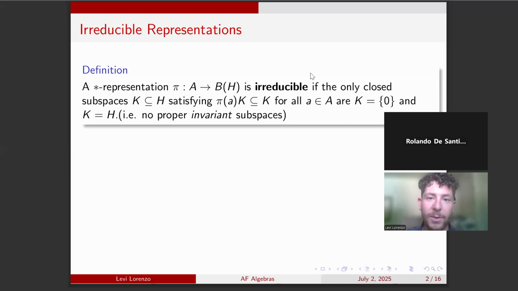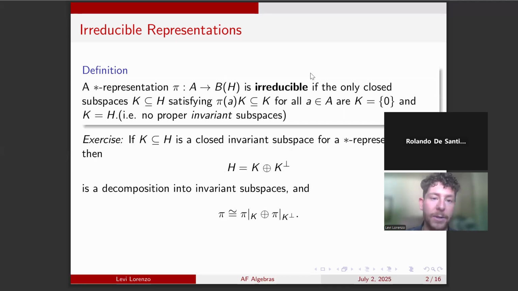And this name should suggest that if a representation does have a proper invariant subspace, then we should, in theory, be able to reduce it, or break it down, into representations that are irreducible. Basically, what this exercise is saying is that if you have a closed invariant subspace that makes the representation not irreducible, then you can decompose the Hilbert space into a direct summand that is this invariant subspace and its orthogonal complement.